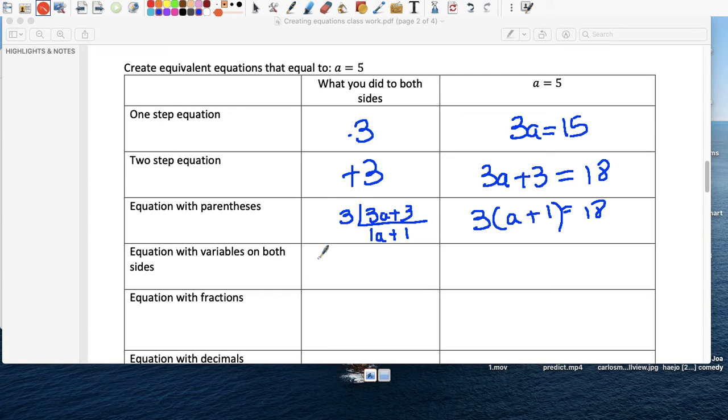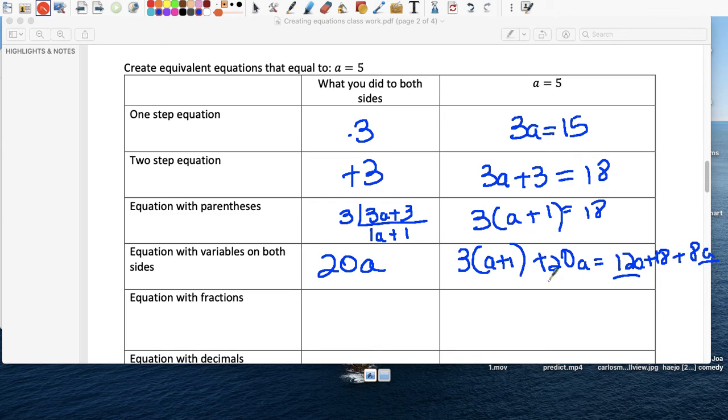Variables on both sides, let's say 20a. So I'm going to add 3, a plus 1 plus 20a. On the other side, I'm going to go 12a plus 18 plus 8a. Isn't 12a and 8a 20a? Same thing, right? Okay.